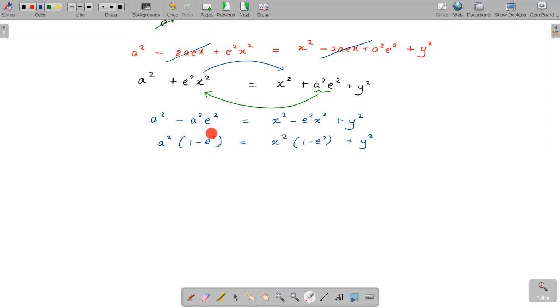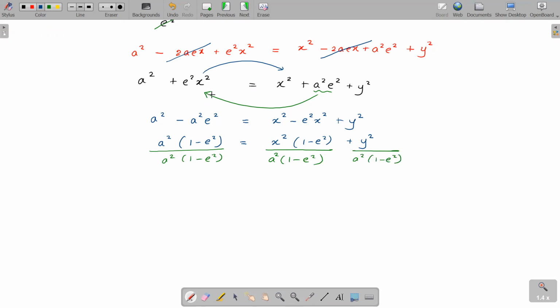The Cartesian equation of an ellipse is x square over a square plus y square over b square equals 1. So to make it equal to 1, what do you think I should do? Divide everything by a square 1 minus e square. Divide the whole equation by a square 1 minus e square.